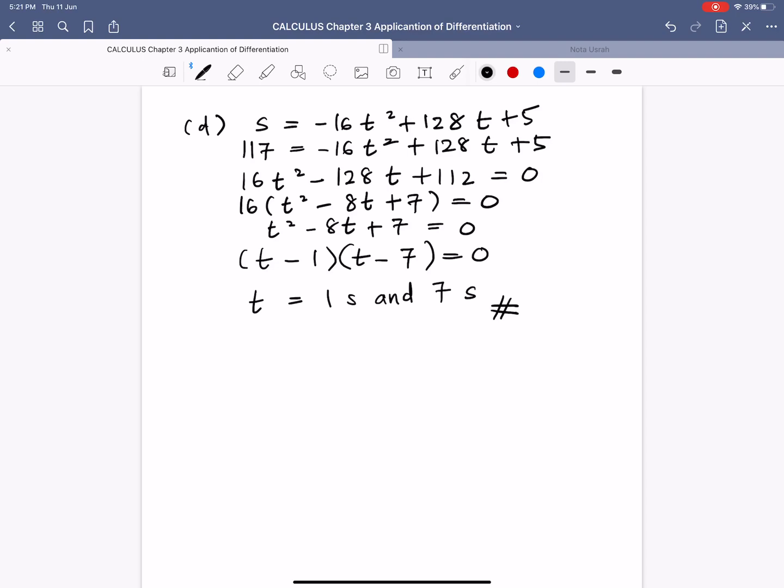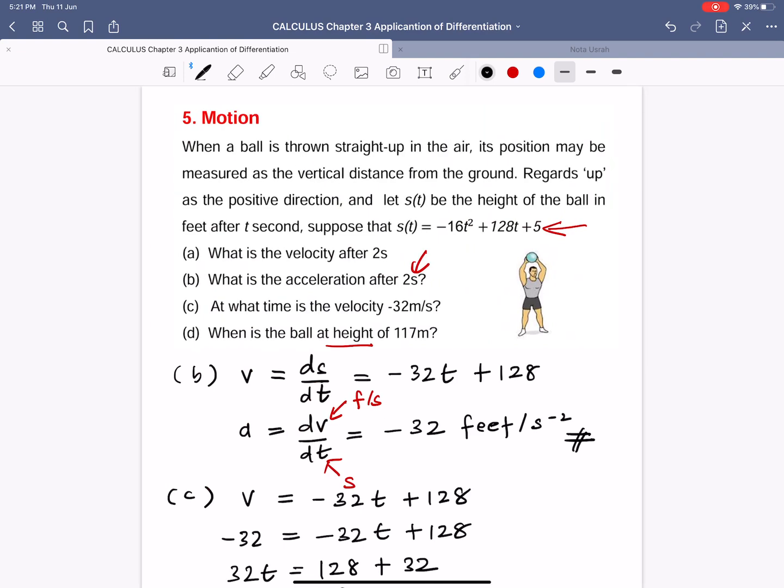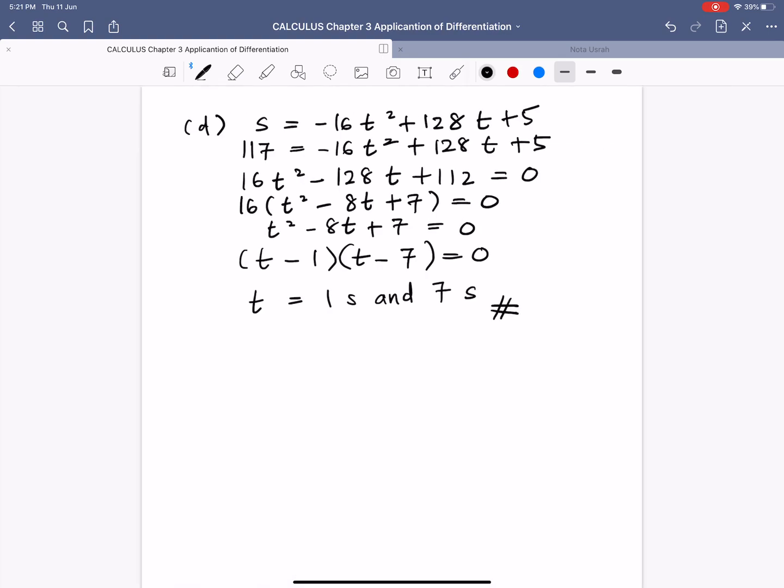Why? Maybe I can add another question in this problem. Question E: why is it that we have two answers in question D? Then you have to explain. So what actually happened when a ball is thrown straight up in the air, its position may be measured as the vertical distance. So here, we throw away a ball.